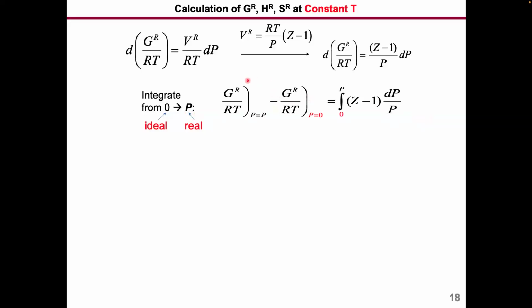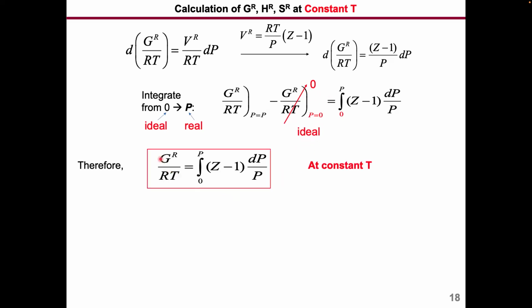So you can actually take the integral. GR over RT at P real minus GR over RT at P equal to 0 is the integral from 0 to P of Z minus 1 dP divided by P. For the ideal gas, you don't have any residue property, so this goes to 0.